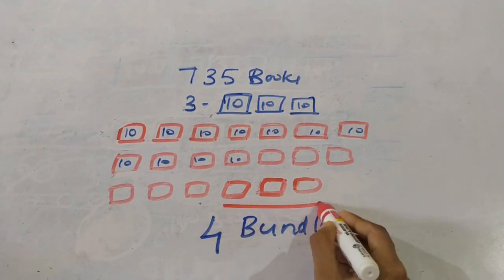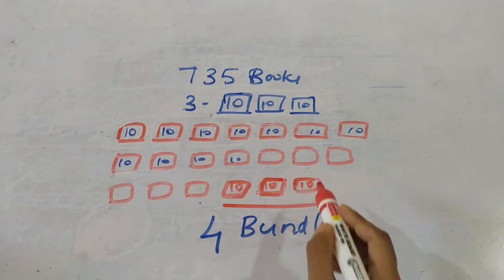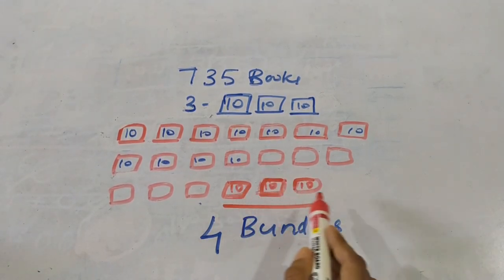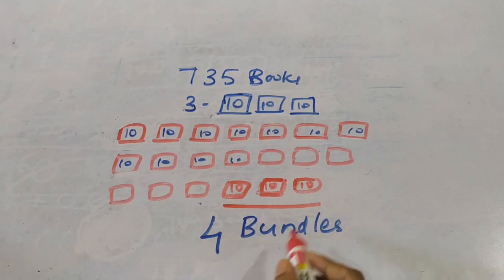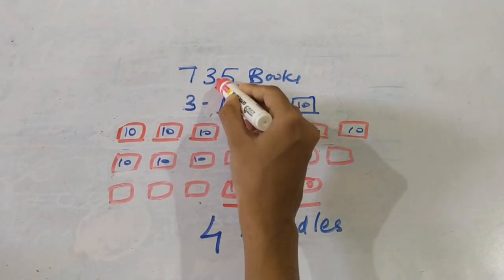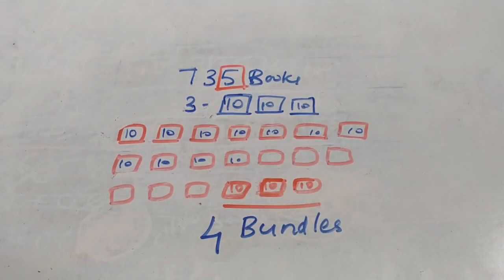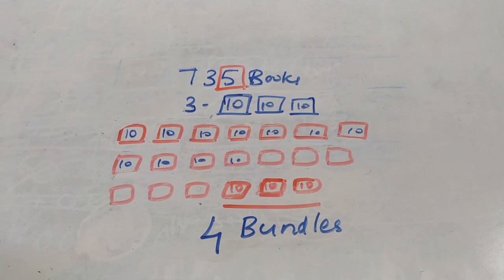Now 3 bundles of 10. These bundles are containing 10 books, isn't it? So 3 bundles are left. These 3 bundles of 10 are untied. Okay, untied, and these 5 loose books. Okay, these 5 books plus these 30 books.